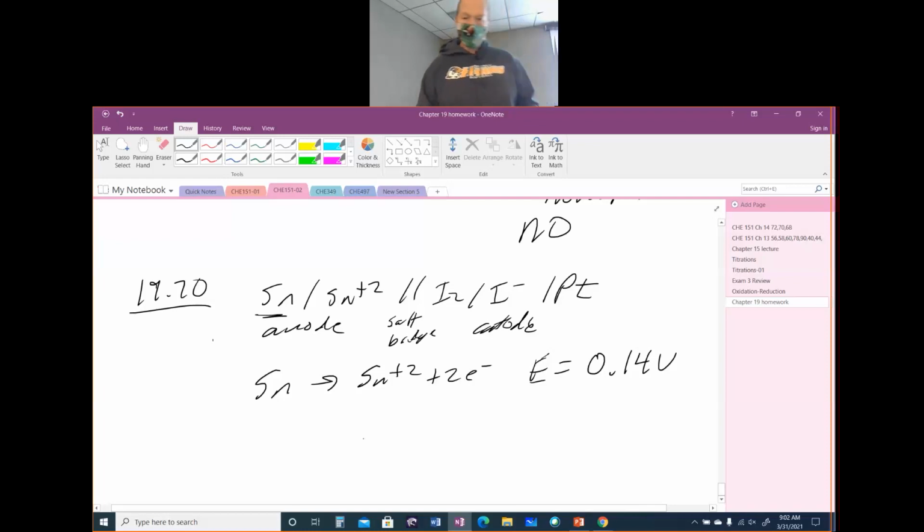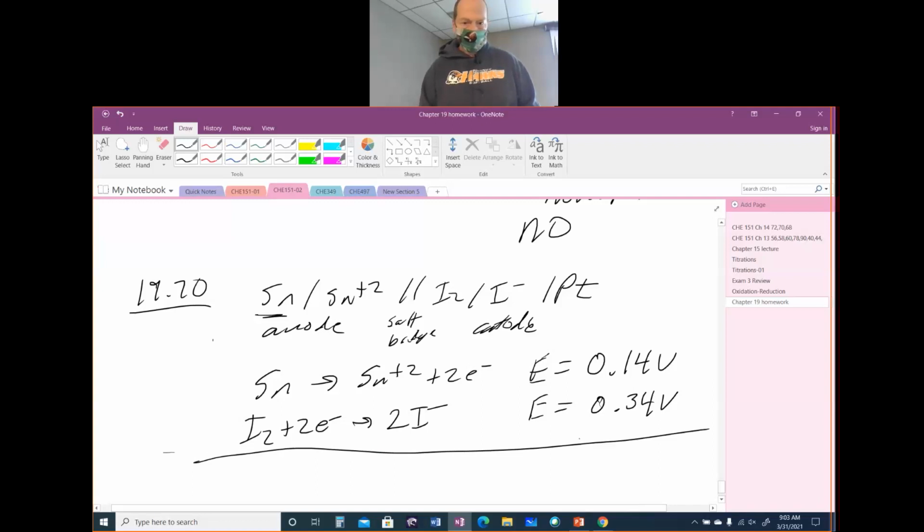Then you look at your iodine. So you've got your I2 plus 2 electrons, right off of the chart, going to 2I minus. You read it right off the chart. Your E value is 0.34 volts. And then you simply add this up. You don't have to multiply anything. You got 2 electrons gained, 2 electrons lost.